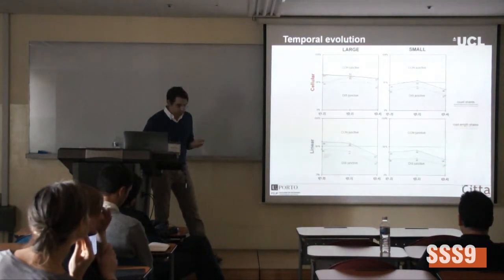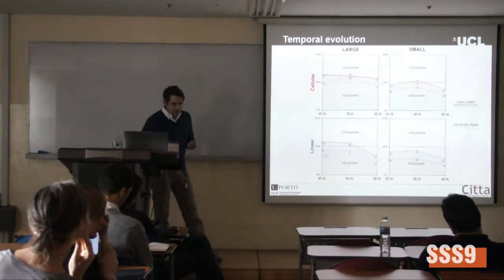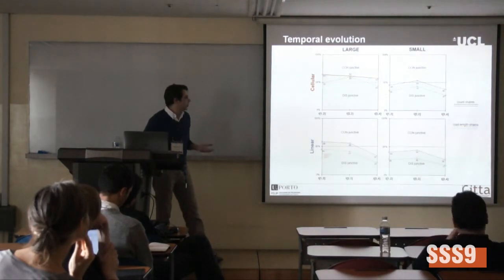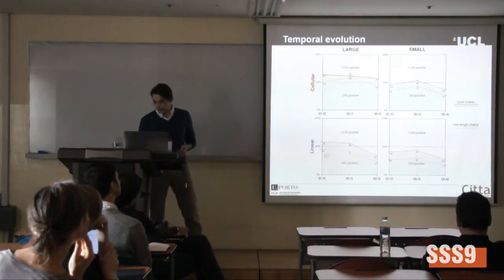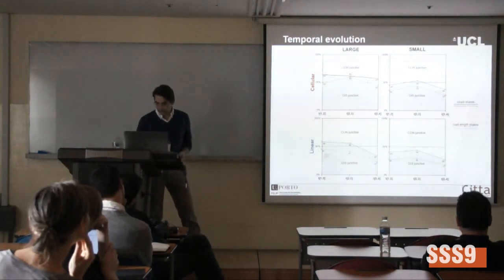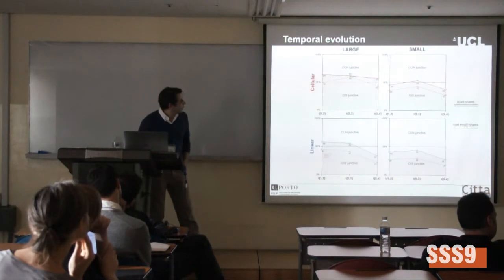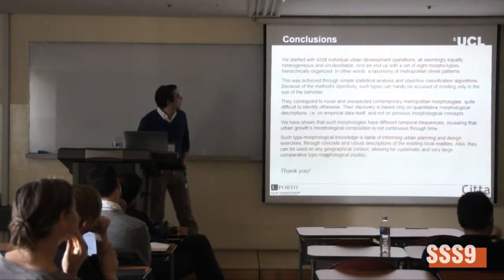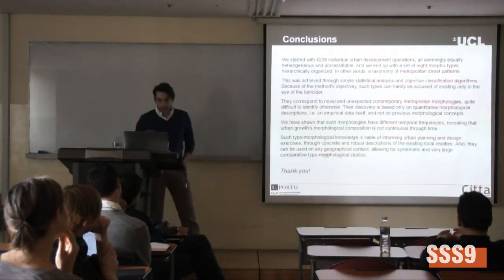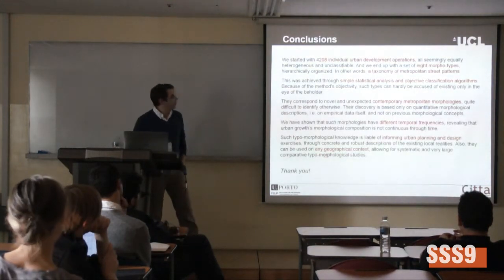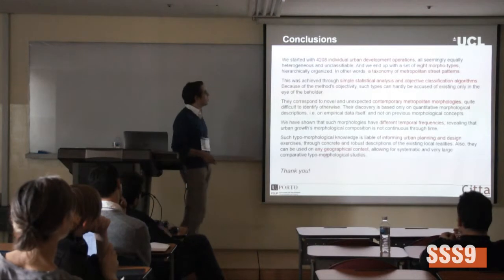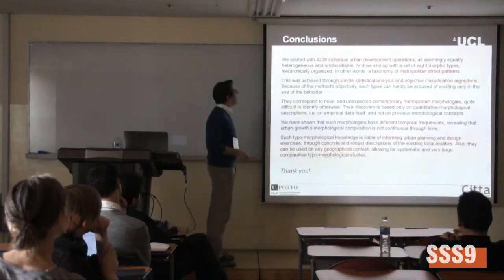And another thing that is useful is to know the actual morphological nature of these things that occur in a non-coordinated and totally market-led way. So, as a conclusion, we started with 4,208 individual things, very difficult to classify, to say what they are.